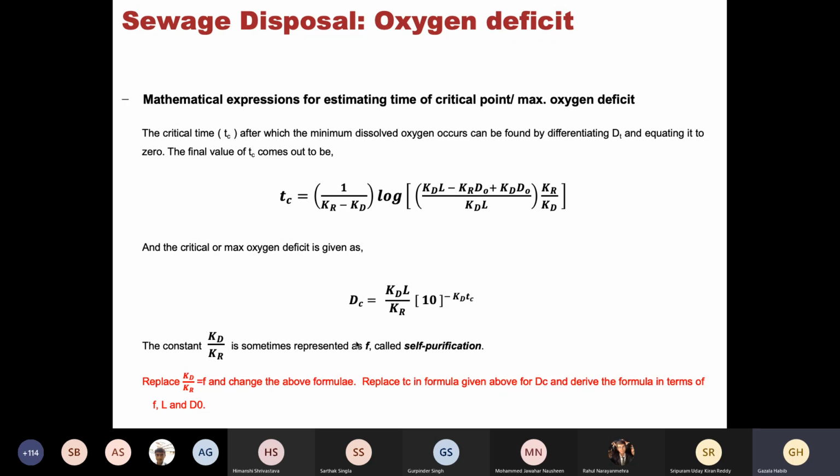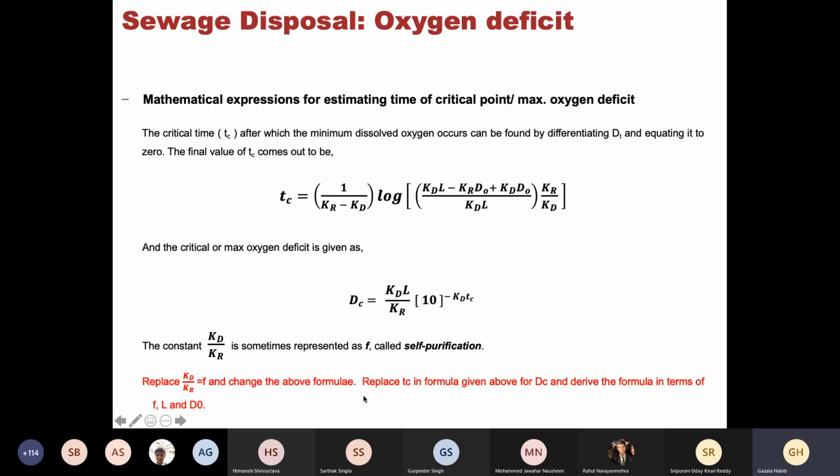F values are very common. So Kd upon Kr is equal to f. If we change this in these two formulas, we can derive a formula for Dc in terms of f, L, and D0.